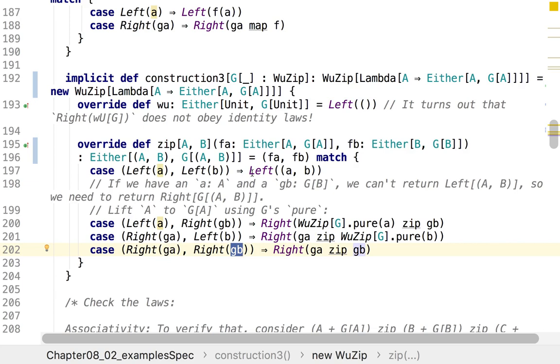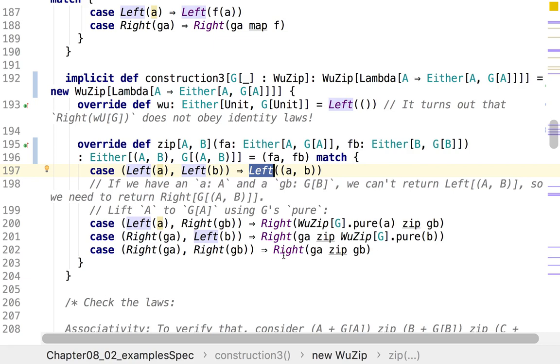So you see, only when both of the data values are in the left part of the disjunction, only then we can return the left. In all other cases, we must return the right. So that's how it must be. Now, in my intuition, it would be already suspicious if we wanted to return right in all 4 cases.